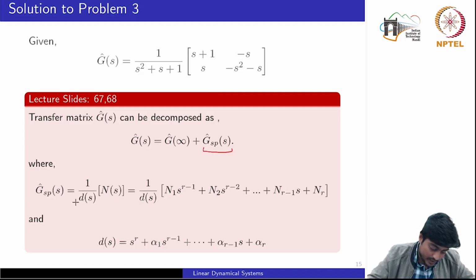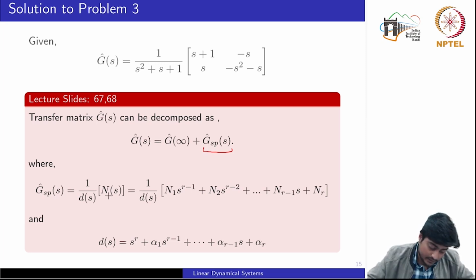So the strictly proper part is given by this matrix, which is composed of the numerator polynomial matrix multiplied by 1 over d of s, where d is some polynomial of rth order given by this one.